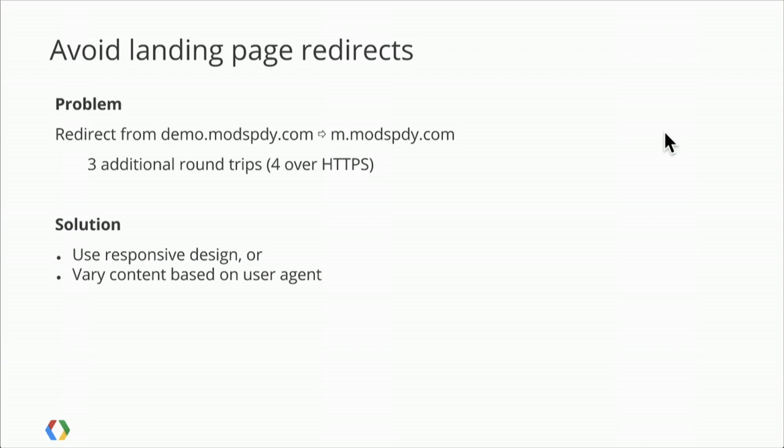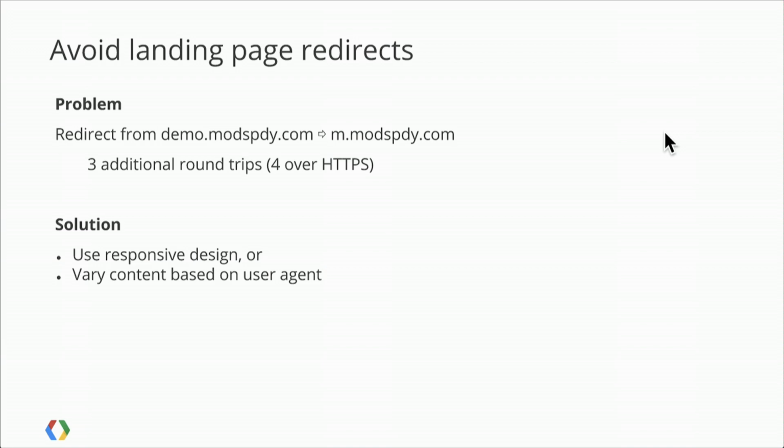Either use responsive design, which allows you to serve the same HTML to all your users, be it mobile users or desktop users, and the page will render differently depending on the device characteristics. That's a great approach if you're building a site from scratch. I think that's the right way to go.